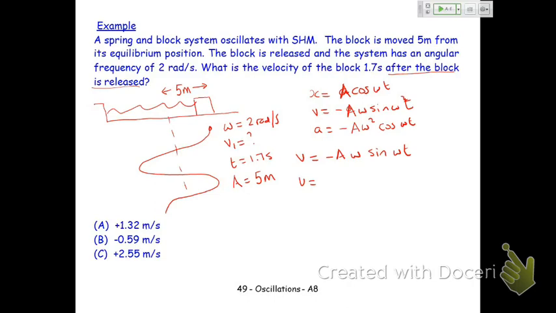And so I say, well, okay, now let's put the numbers in, so I go minus 5. I've got to be in SI units. Omega should be in radians per second, and it's 2, sine, 2 times 1.7. So v is equal to minus 10 sine 3.4.